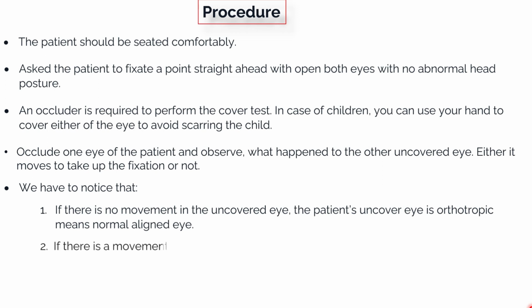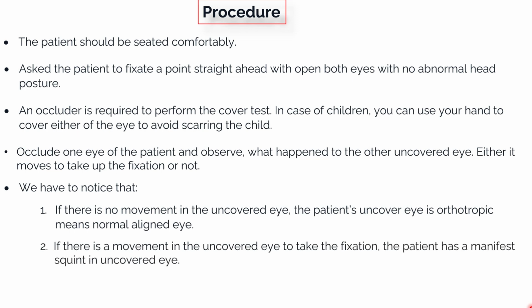If there is a movement in the uncovered eye to take the fixation, the patient has a manifest squint in the uncovered eye. Repeat the same procedure of the cover test on the other eye.